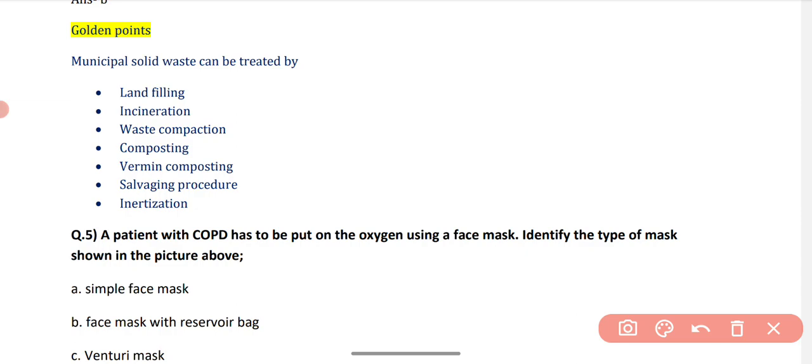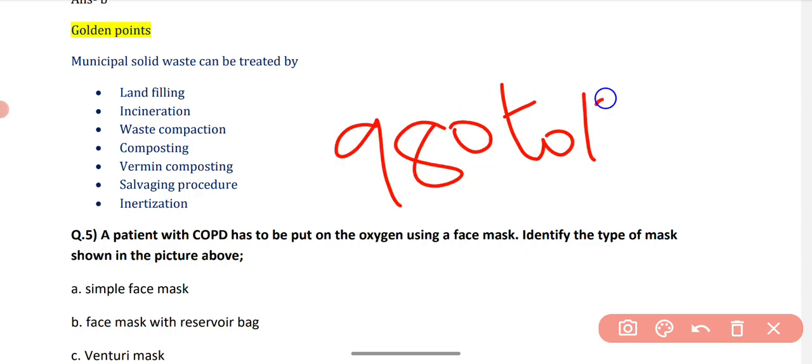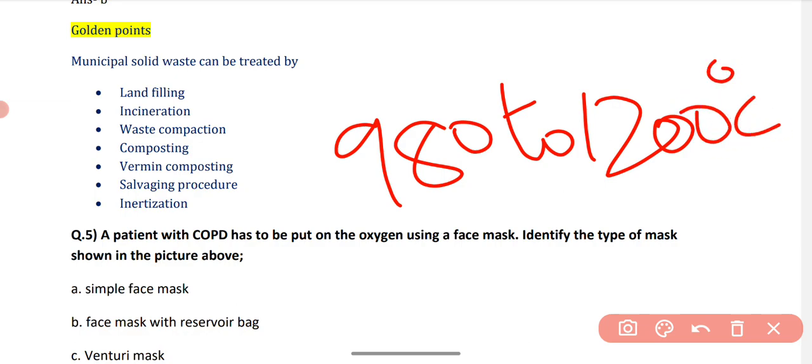So already you know about incineration. Incineration means at a temperature of about 980 to 1200 degrees centigrade, they will burn the disposal waste.